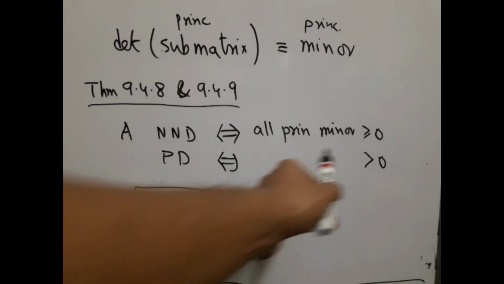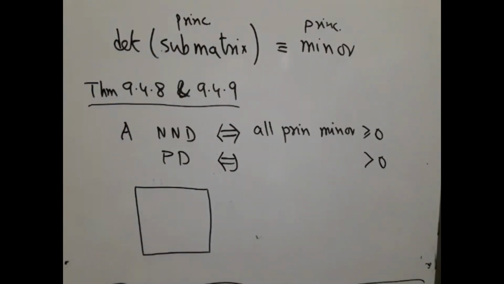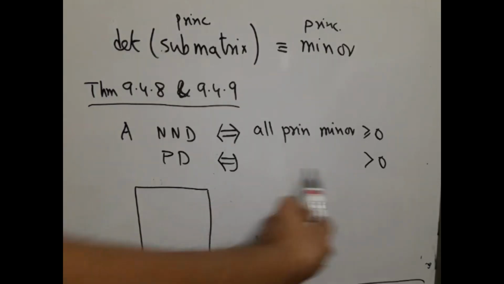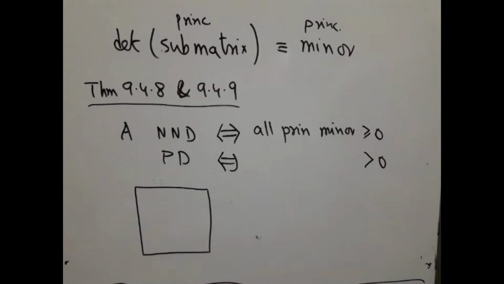Well, suppose I am working with the PD case, the other will be similar. So what we do is that we first apply just induction, that's all. All principal minors are strictly positive. I want to show that it has to be PD. Suppose I have shown that it can be done as long as the order is n minus 1 by n minus 1.